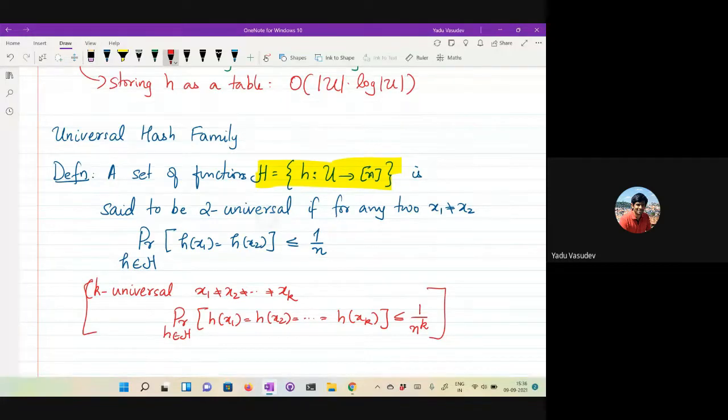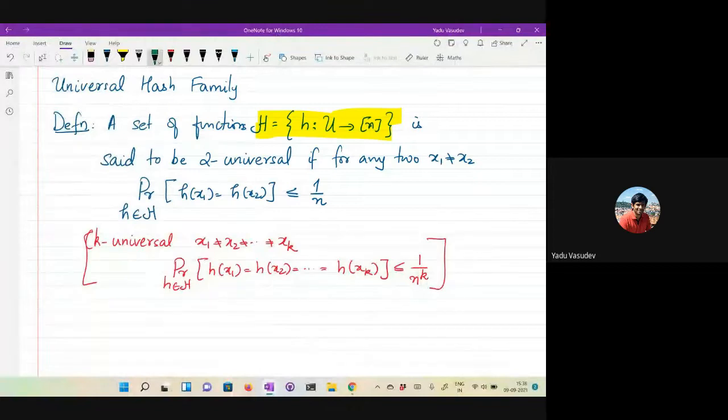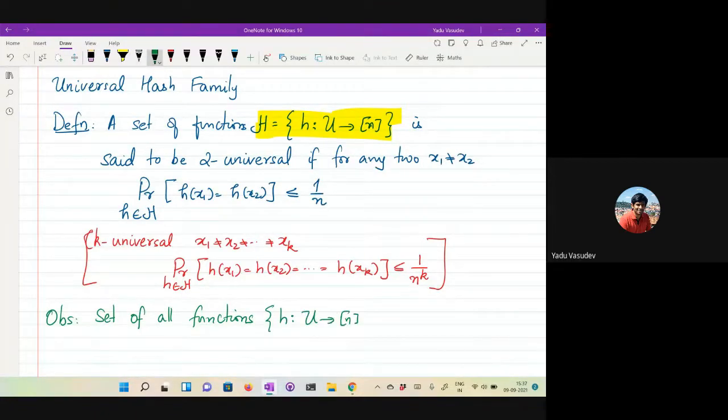And if you consider, this is one observation that you can see: the set of all functions from U to [n] is k universal for every k, isn't it?